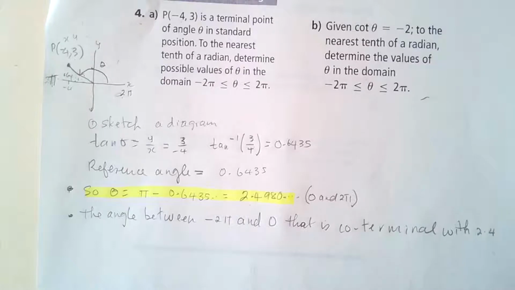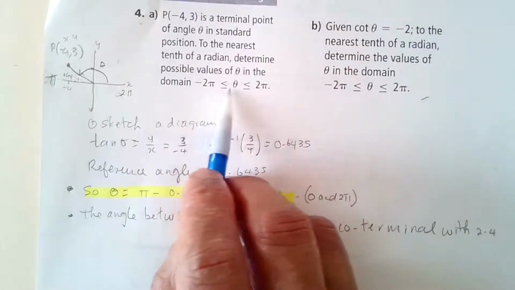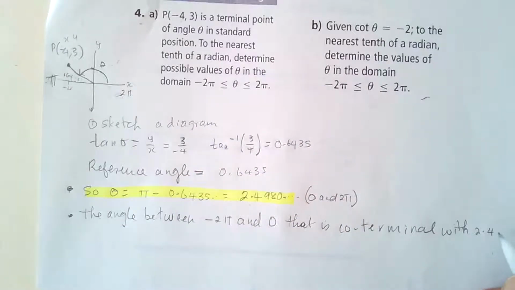Remember, there are an infinite number of coterminal angles, but we are restricted to this domain here. 2.4980.